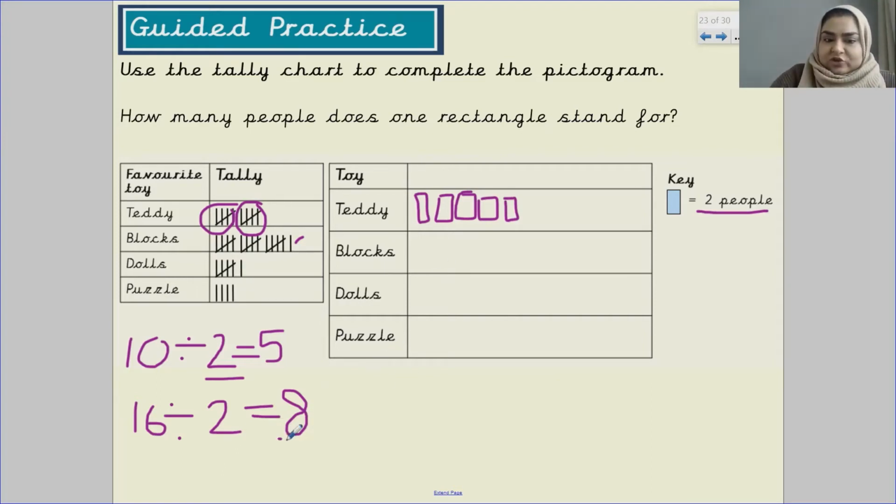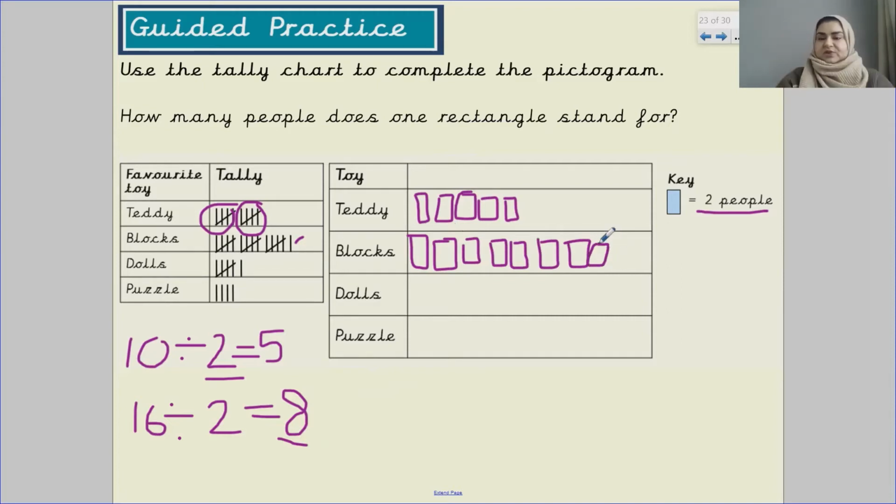So I am going to draw 8 rectangles. 1, 2, 3, 4, 5, 6, 7, 8. And another way you could work this out, year 3, is by doing your groups. So now I know 1 rectangle means 2 people. I can draw 2 groups and separate the numbers.